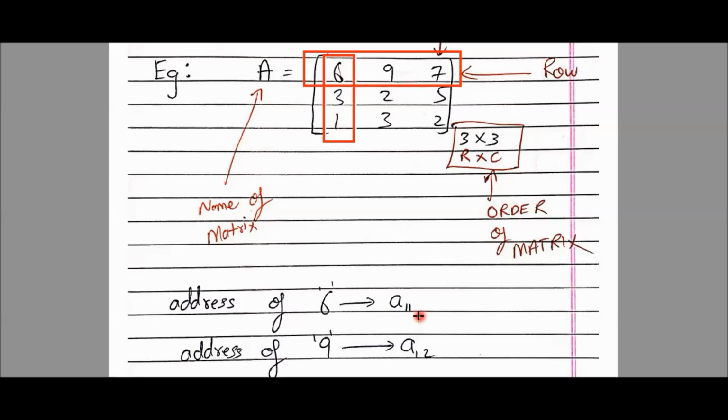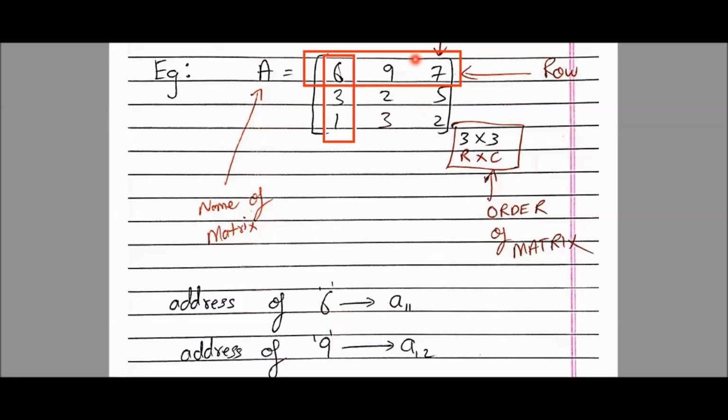So I have here 1 1. And why this small a? Because the matrix is denoted by capital A, so individual elements inside the matrix are denoted by small letters. If I would have written capital B here, I would have written small b here. A11 means first row first column. Don't say eleven. First row first column is 6.